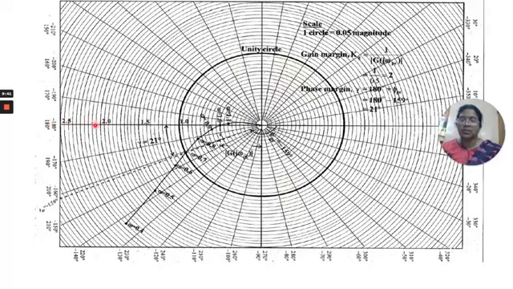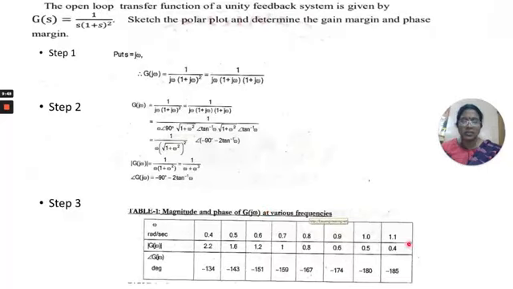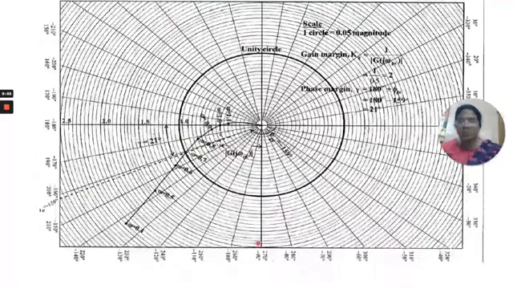Just go along this line and touch the point where the 0.4 circle is. So minus 185 and 0.4 touch at this point. So this point is marked. Then 0.5 at minus 180. So 0.5 is the circle and minus 180 is the axis. So this is the point 0.5 at minus 180.